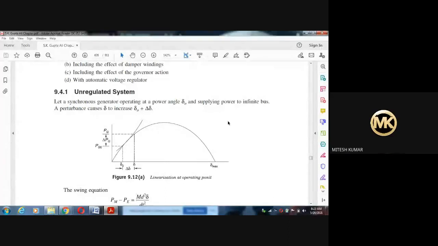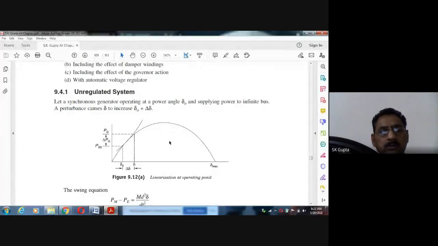No, sir. Okay. As I told, in dynamic analysis this disturbance is small. Means say you are working at delta 0, suddenly a disturbance comes out to be delta PG. Means additional mechanical power entered into the generator. So this additional power is small, so in this small period we can consider it as linear.